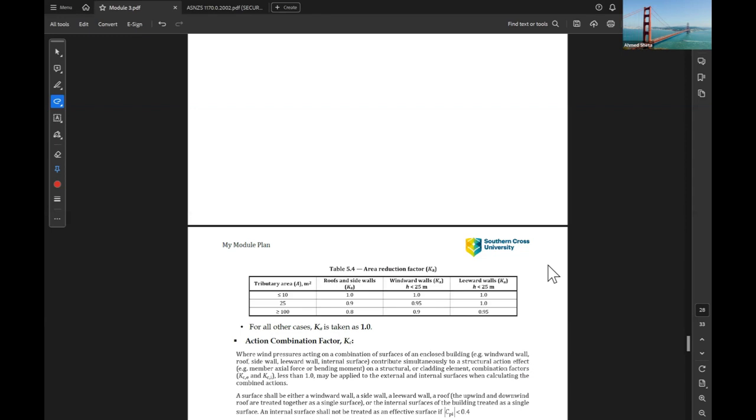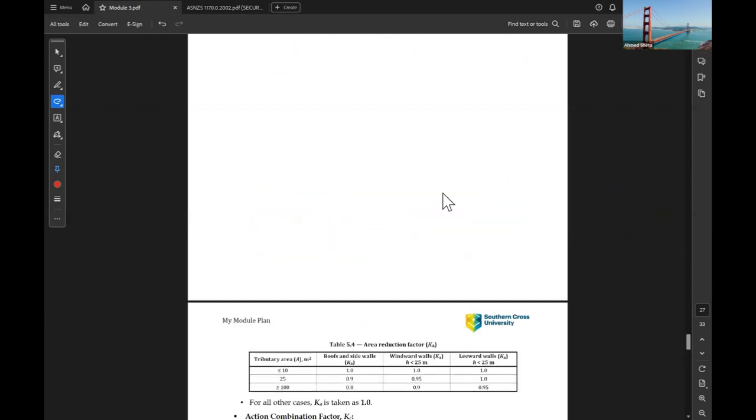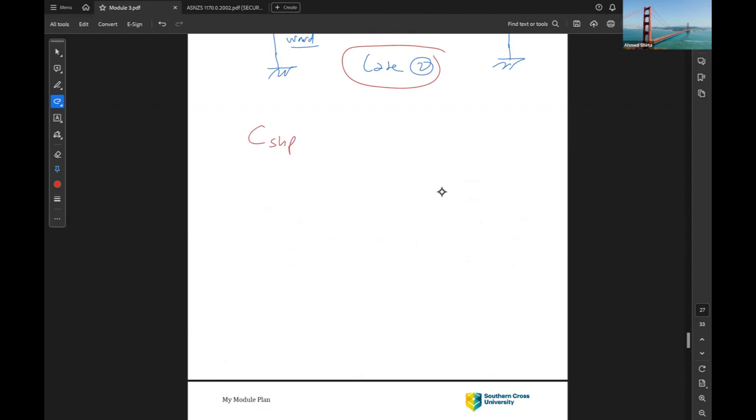So after we get this factor, we have C shape external equal to CBE times K, quickly, times KA times KCE times KL times KB.